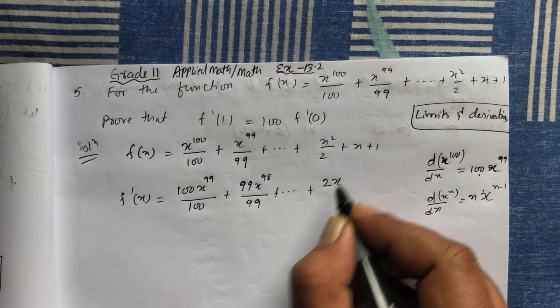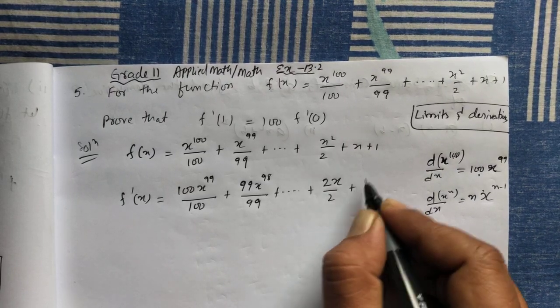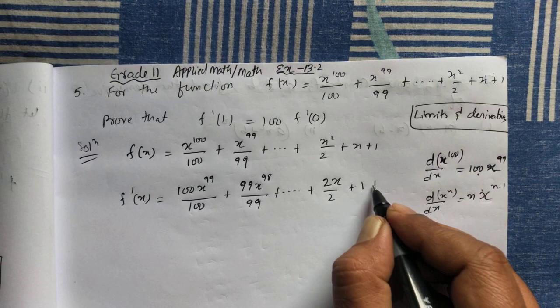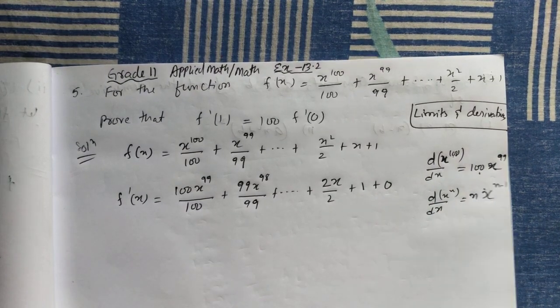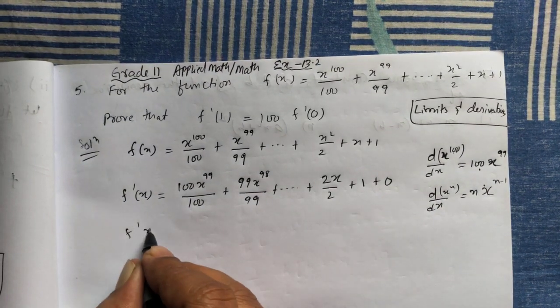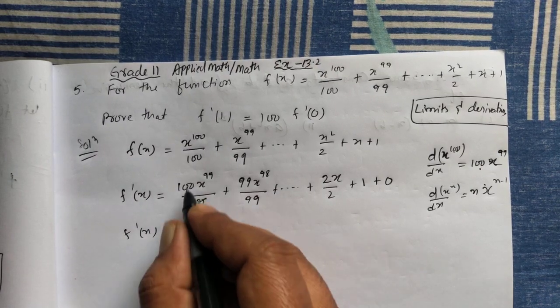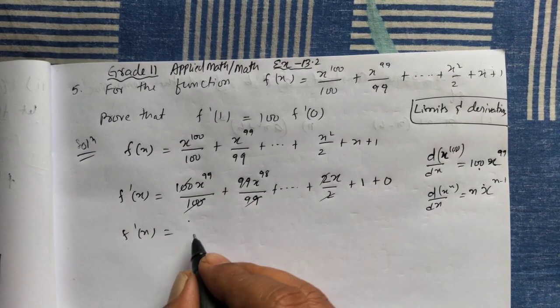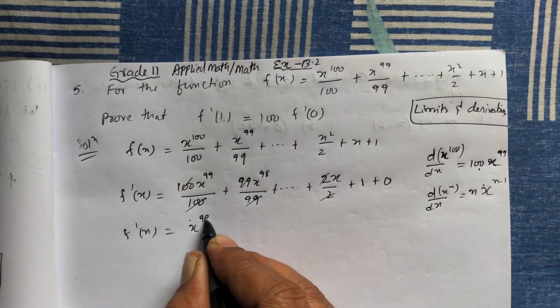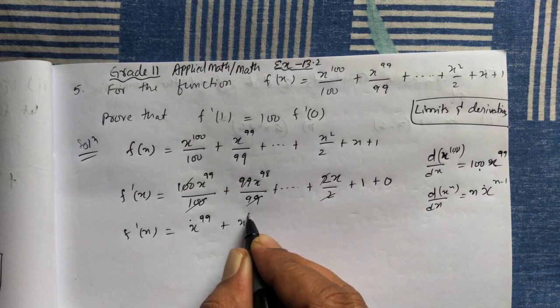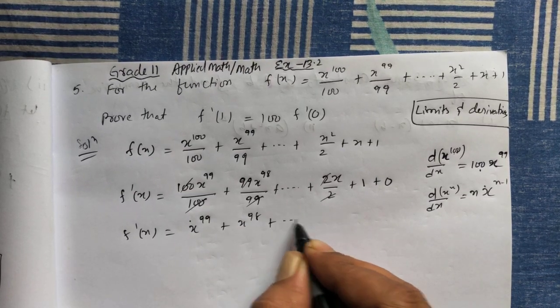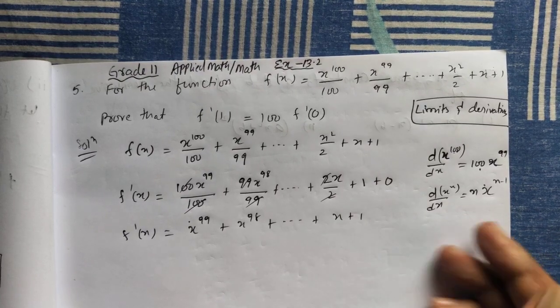Power 1, if we don't write it, is fine. If we derive x, we get 1, and if we derive a constant, we get 0, so no need to write 0. Cancelling and so on, you'll get f dash x equal to x to the power 99 plus x to the power 98 plus and so on, till x plus 1.